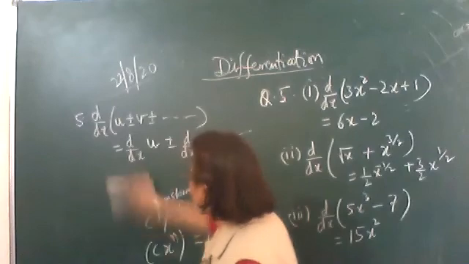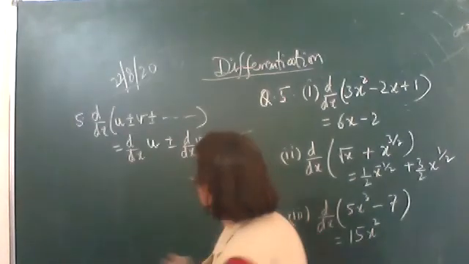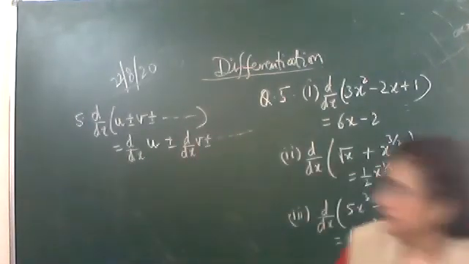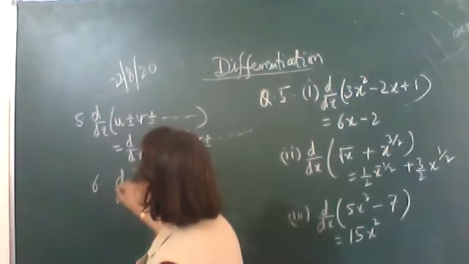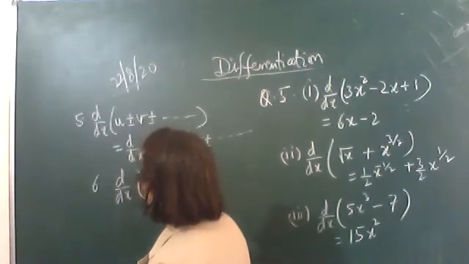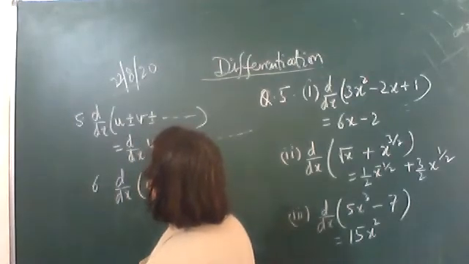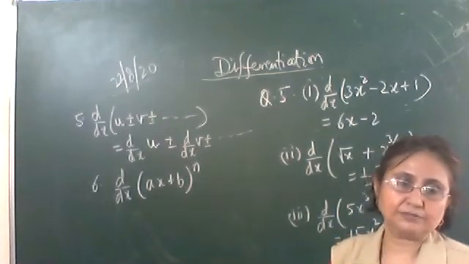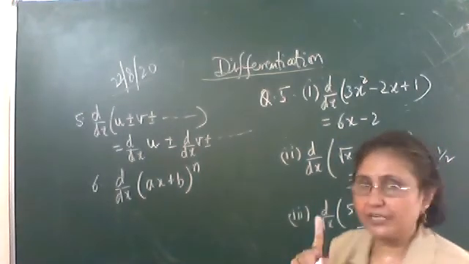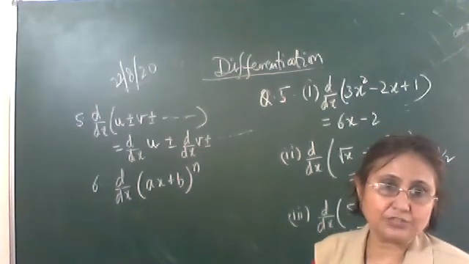Sixth formula, which is d by dx of ax plus b raised to the power n, where a and b are constants. Now it is not the first formula, x raised to the power n.